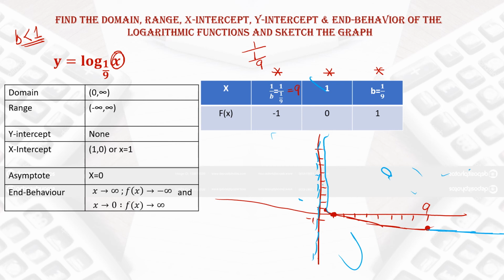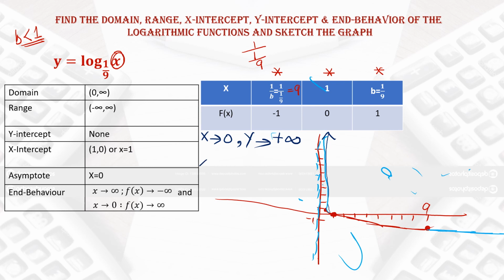Now let's see what you have observed. The first thing is x approaches 0, because 0 is your vertical asymptote, and y approaches where? When x is going to 0, you can see that the y is increasing. So you can say y is approaching positive infinity.